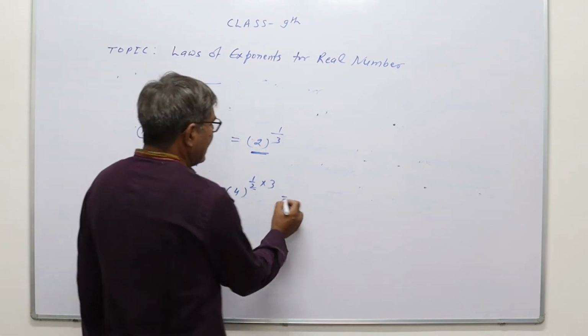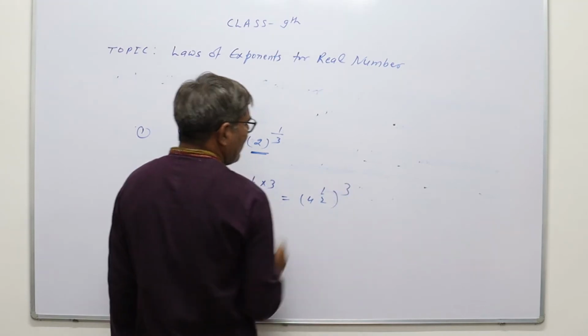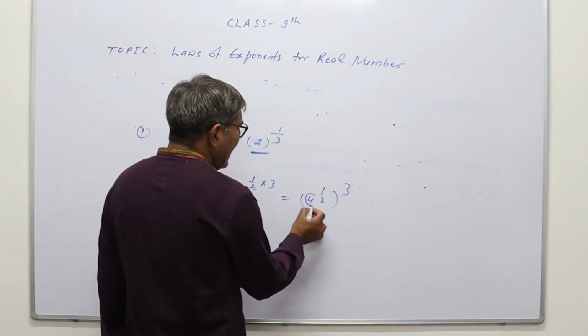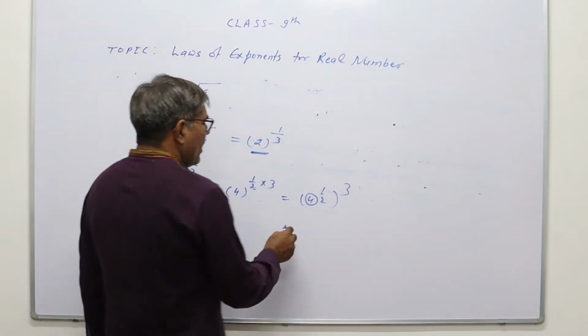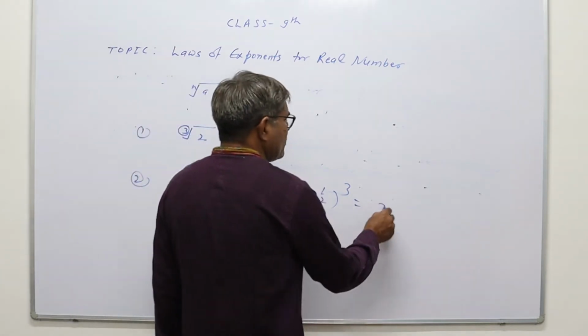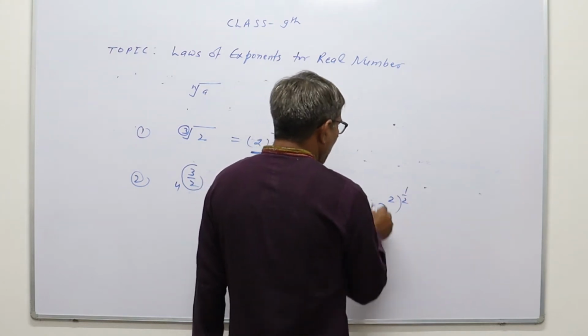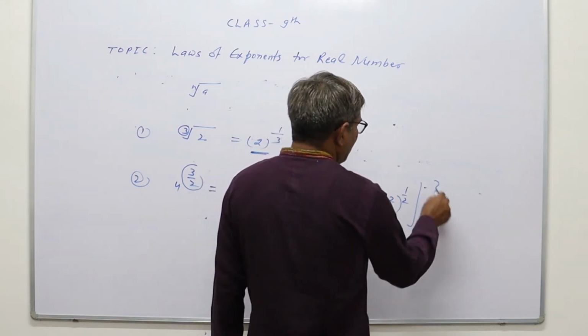Now this can be written as 4 raised to the power 1 by 2 whole power 3. Now if we write this 4 on the base of 2, then this can be written as 2 power 2 whole power 1 by 2 whole power 3.